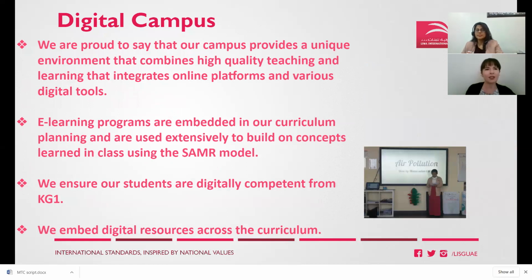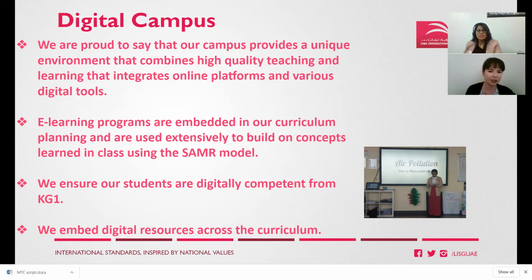Since we opened in 2016, from the outset, we've always made sure that digital literacy is a big part of the curriculum. We use lots of digital tools and e-learning programs that are embedded throughout the curriculum. Some examples of these are that our KG students learn how to code.